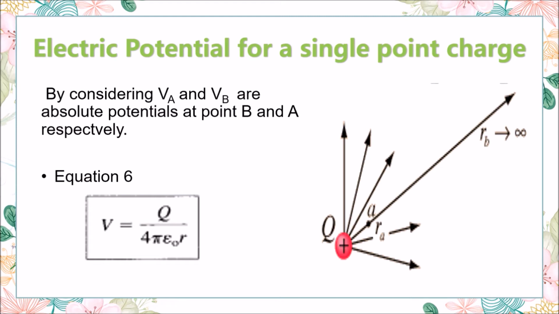That is, we assume the potential at infinity is 0. Therefore, if VA equals 0 as RA approaches infinity, the potential at any point RB approaching R due to a point charge Q located at the origin is as shown in equation 6.